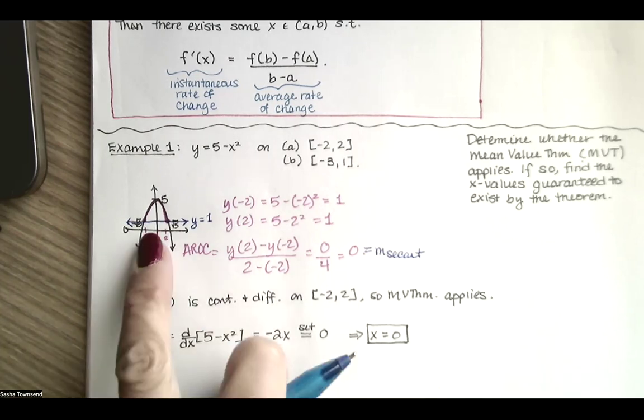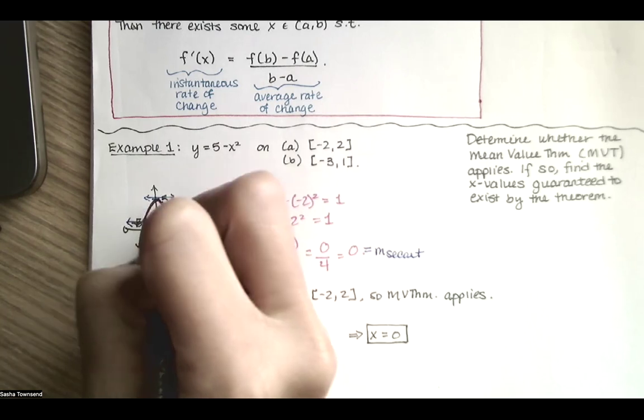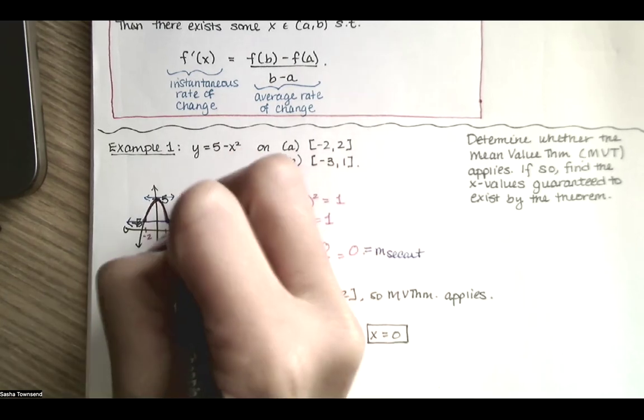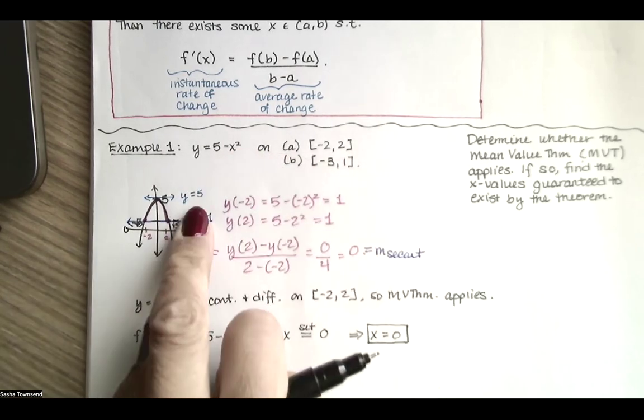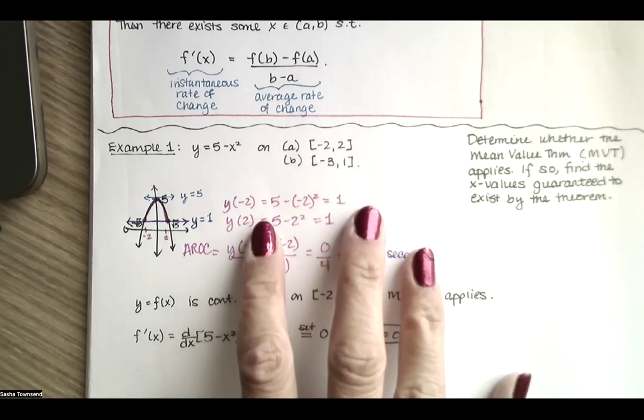And they're saying, okay, well, where is the slope of the tangent line equal to the slope of the secant line? The slope of the tangent line will be equal to 0 at the top here. So that's y equals 5. That's the tangent line at x equals 0. Okay, so that's what the theorem says.